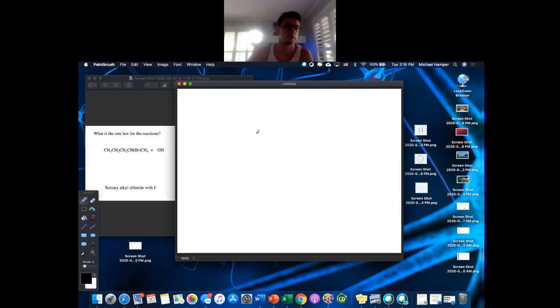So what is the rate law? If you guys have gotten to the first page in your SI, you should know that for SN1, does the rate law depend only on your substrate, or does it depend on your nucleophile and your substrate? Does anybody know? Only the substrate.